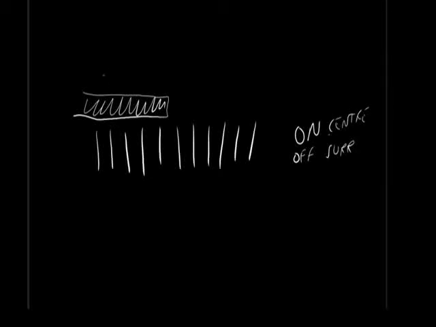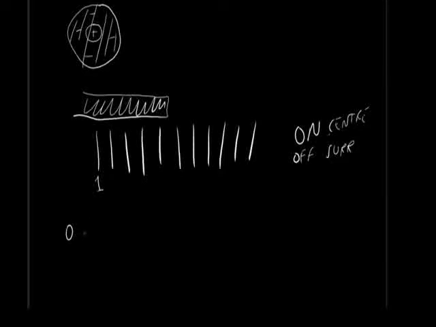Let's take the receptive fields one by one. Let's start with neuron number 1. Here's its receptive field, positive in the middle and negative on the outside. The light is on both of these areas, so they cancel out, and we get 0 for that one. Same with number 2, same with 3, same with 4.